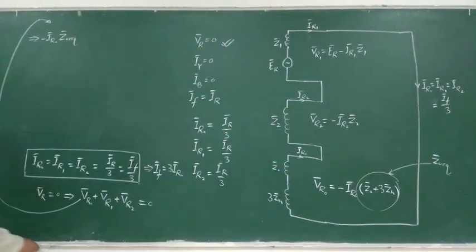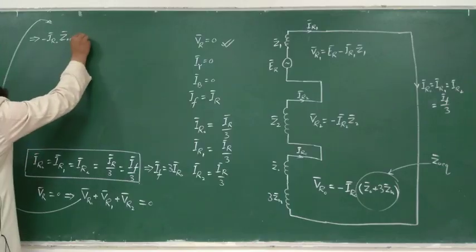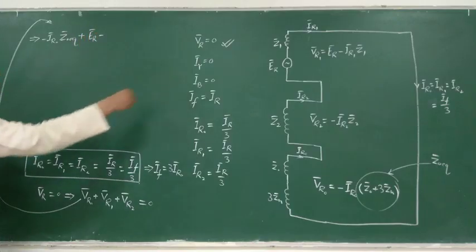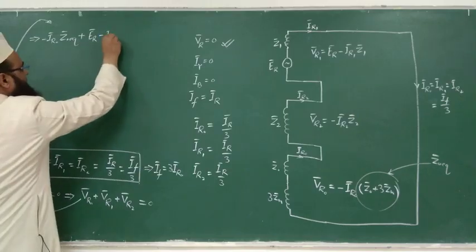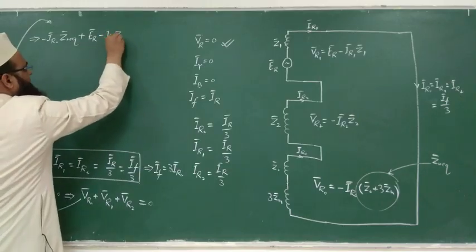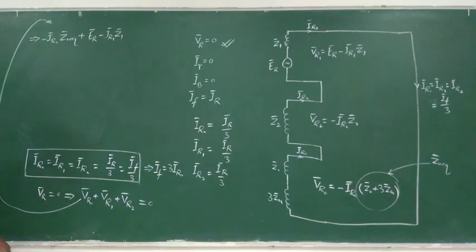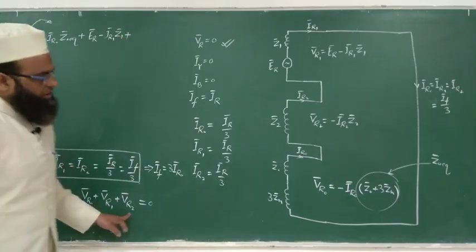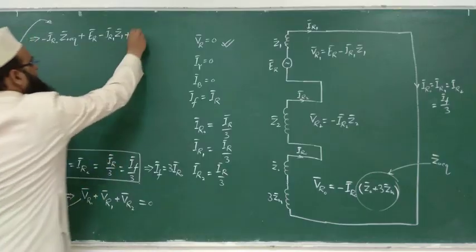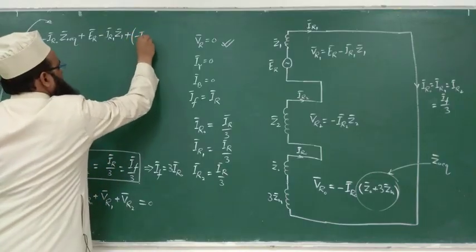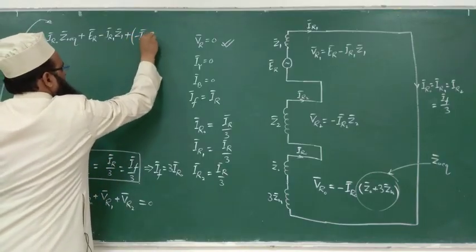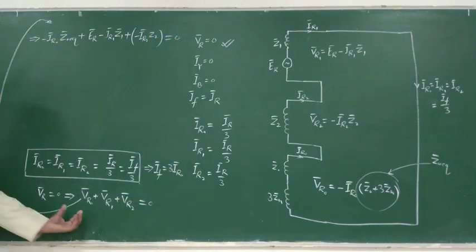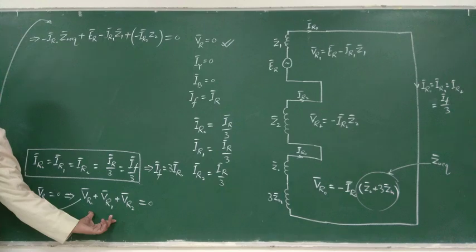ER minus IR1 Z1, and right here in bracket minus IR2 Z2 will be equal to 0, as the algebraic sum of all these three drops is 0.